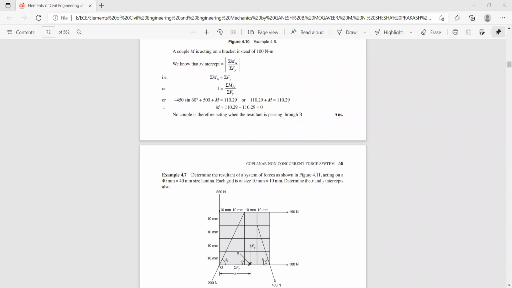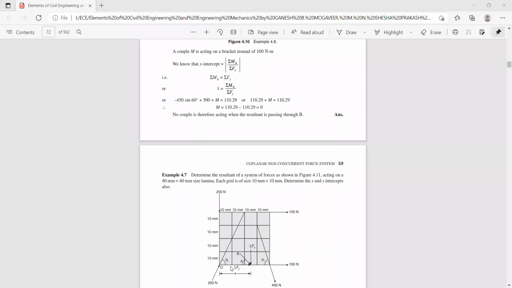Theta 1: this height is 30 millimeters, and this is 10 millimeters. Tan theta is opposite by adjacent side, so it is 3 by 1. So this height is 3 and this is 1. Tan theta is equal to 3 by 1, theta is tan inverse 3, so thereby we'll get the angle theta 1.